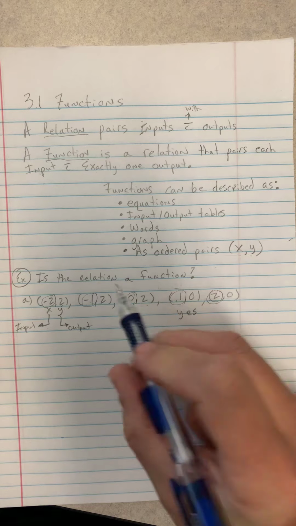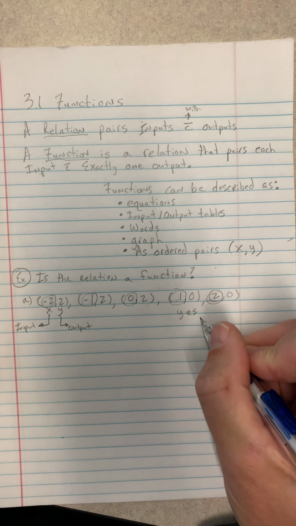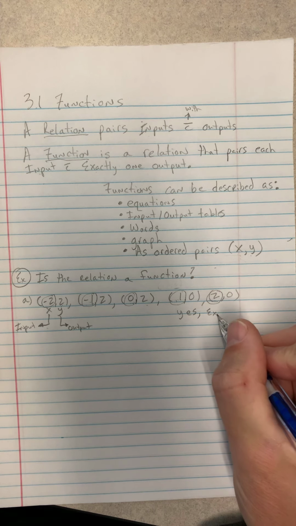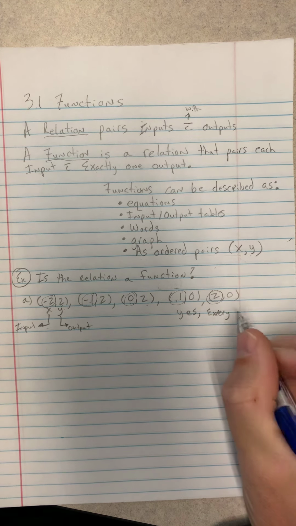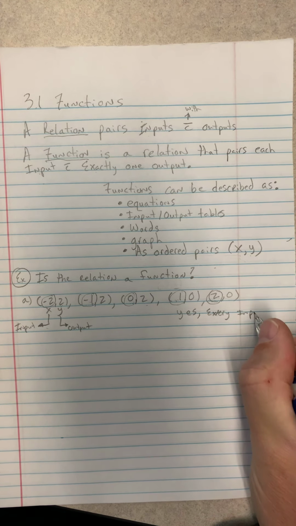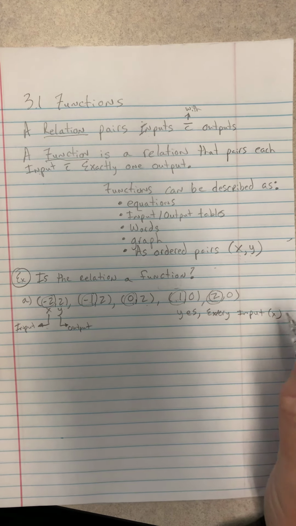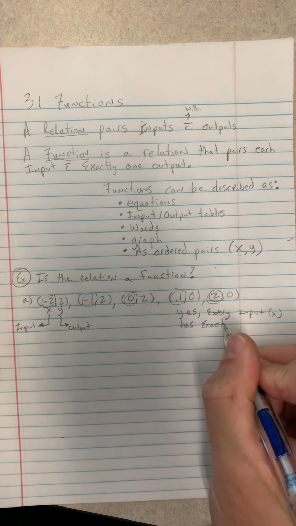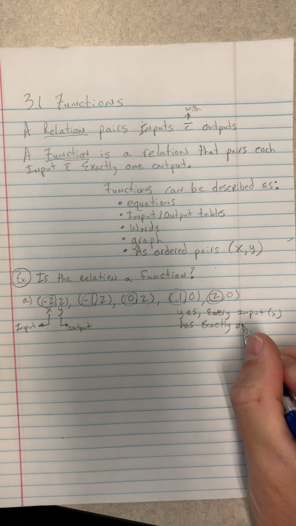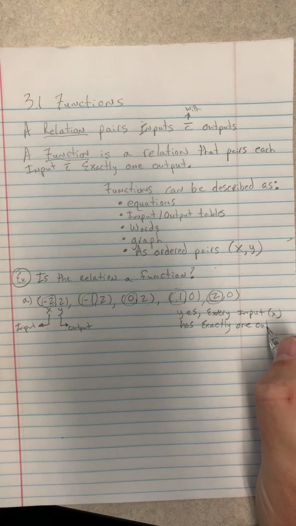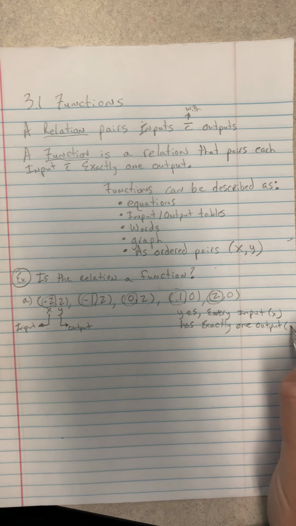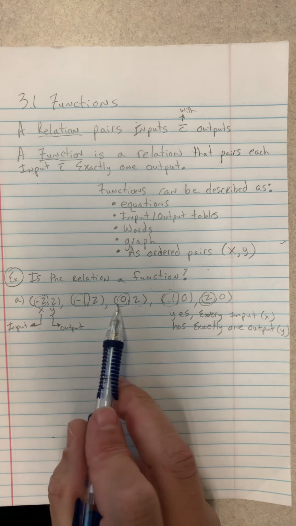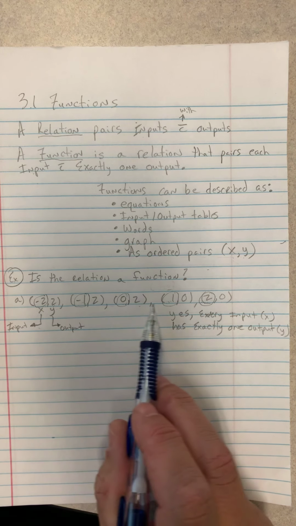So is the relation a function? Yes. And the reason, your explanation, should be every input, every x value, has exactly one output. I don't have any of my inputs repeating, so they all have one output.